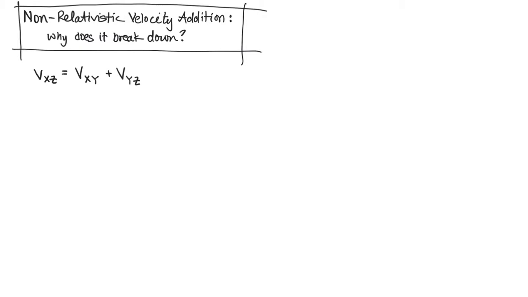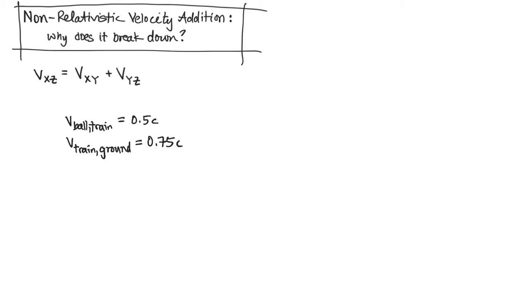But we know that this equation only works at low speeds, and that it fails at high speeds, and you've seen examples of why that is, or maybe you've thought of your own. Just to make sure we're all on the same page, let's say that instead of Alice throwing the ball a few miles an hour, Alice can throw the ball relative to the train at half the speed of light, and that the train is moving relative to the ground at 3/4 of the speed of light.